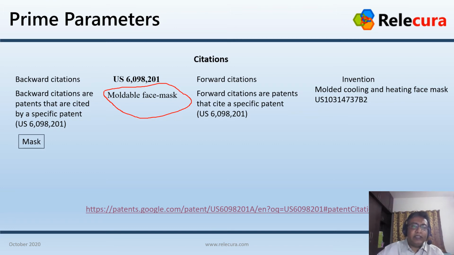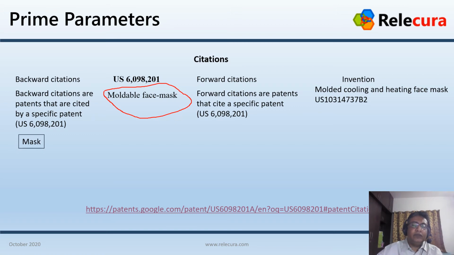So for example, for this section, we have this backward citation, where the patents will be describing about mask. For example, moldable face mask is there, which is our invention.